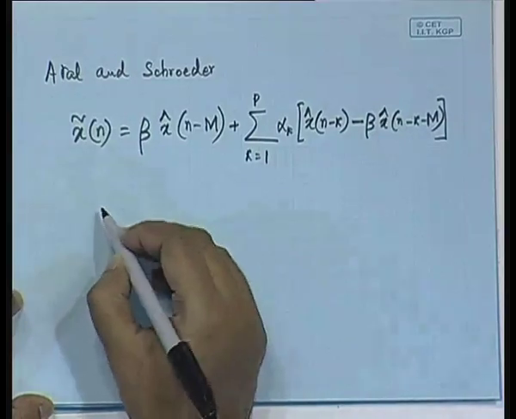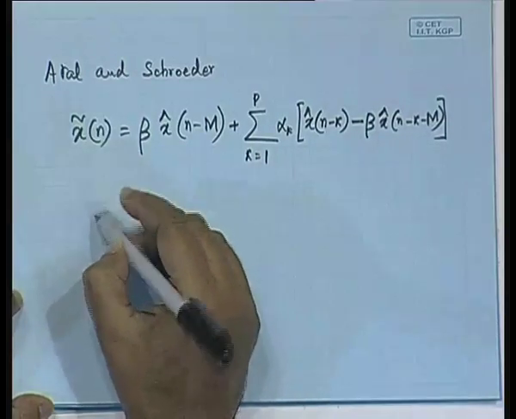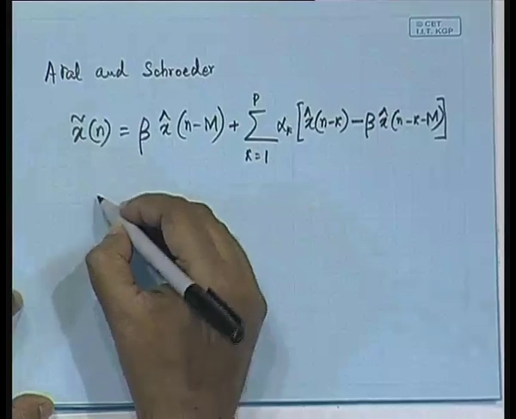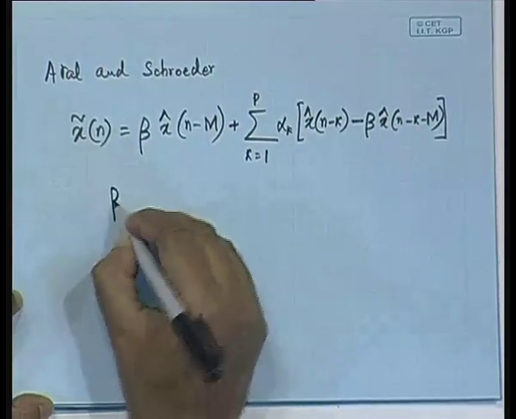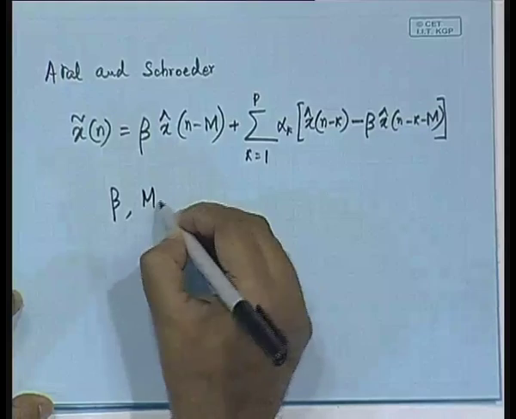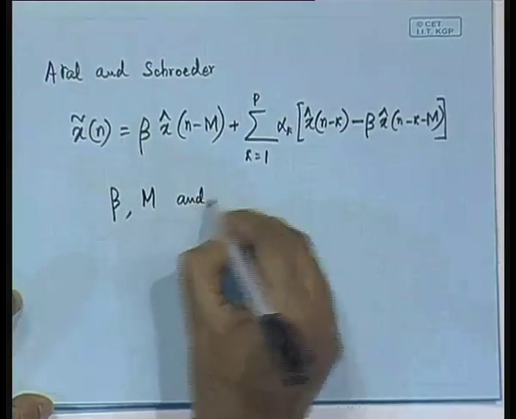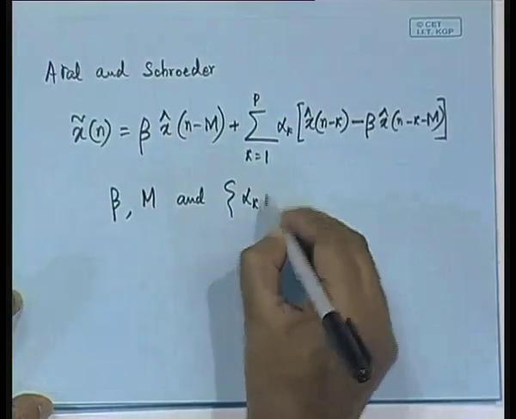In this case one has to adapt many parameters. The predictor parameters are beta, capital M, and the coefficients alpha k.